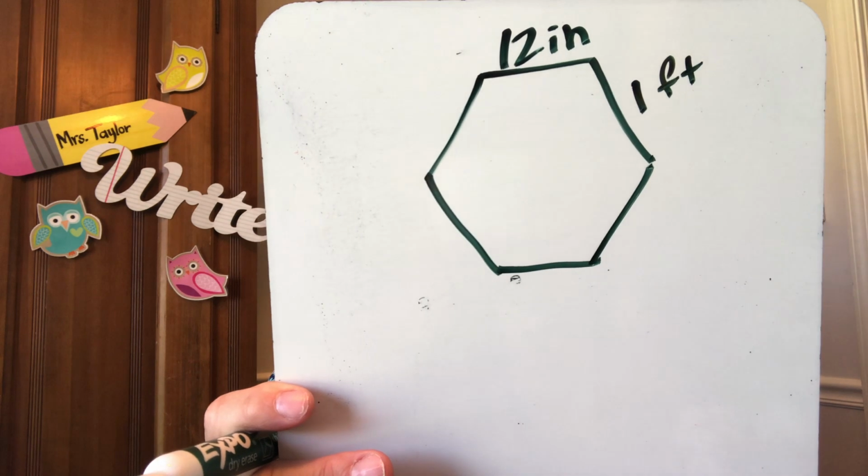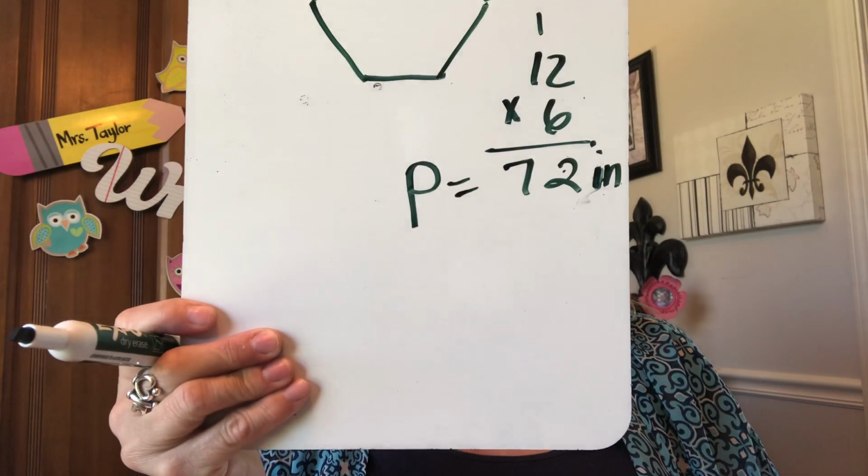So if this is 1 foot for each one, I also know that it's also 12 inches, right? You with me? Okay, so they want to know the perimeter in inches, not feet. So I would say 12 times 6. Okay, 6 times 2, 12, carry your 1. 6 plus 1 is 7. So it would be 7 inches. The perimeter. What in the world did I just do? The perimeter is 72 inches.